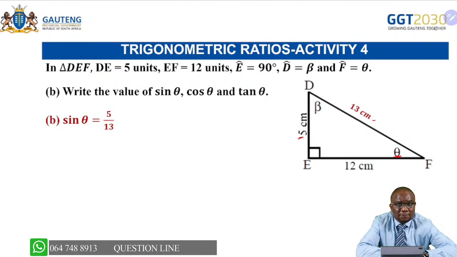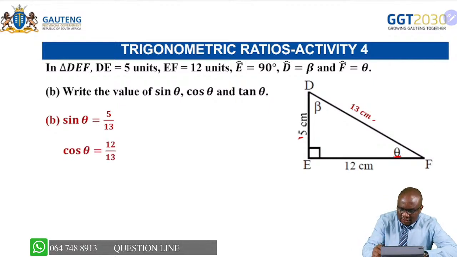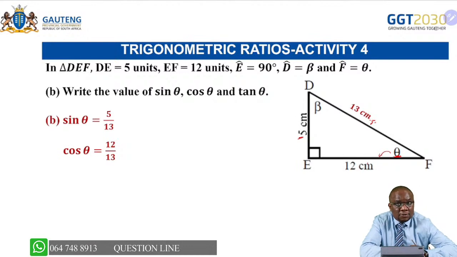Right, cos theta. Try to be ahead of me. What is cos theta? It is 12 over 13, cos theta is adjacent over hypotenuse. Okay, 12 over 13, good.